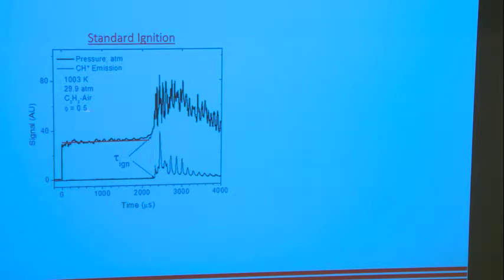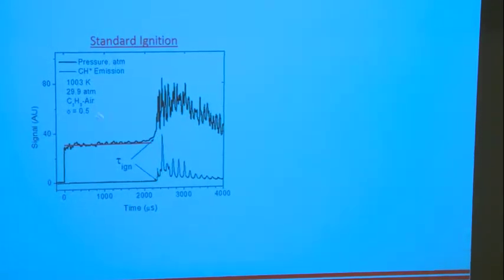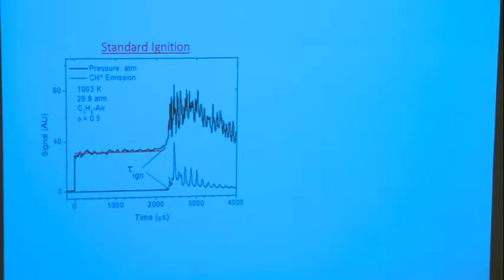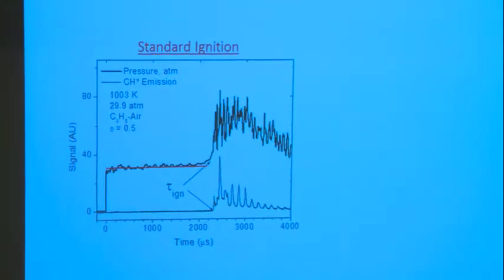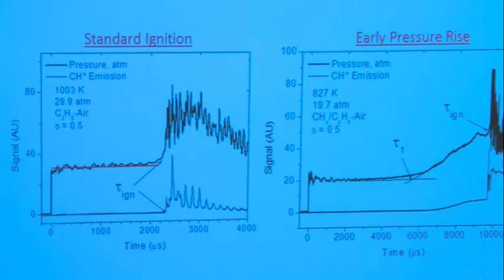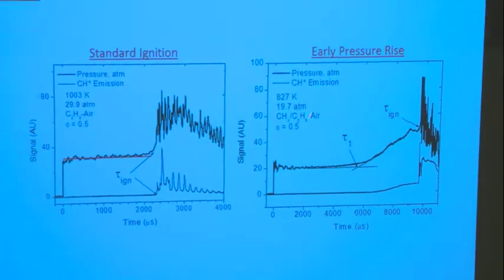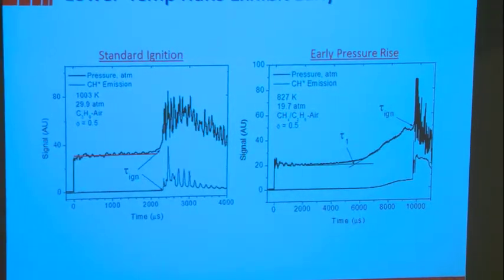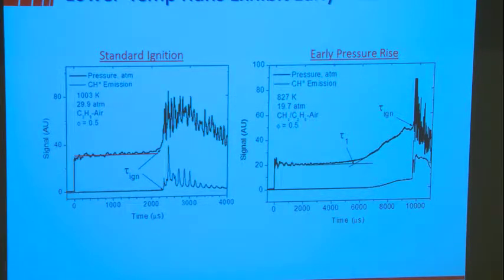This was the standard ignition that I showed earlier for this propane air at 5.5 at 1,000 Kelvin and 30 atmospheres. But when we went back and looked, and this is for methane, ethane, but actually for the propane cases too, we asked Professor Schultz at Duisburg to look at his data for the propane, and he had very similar profiles to this.